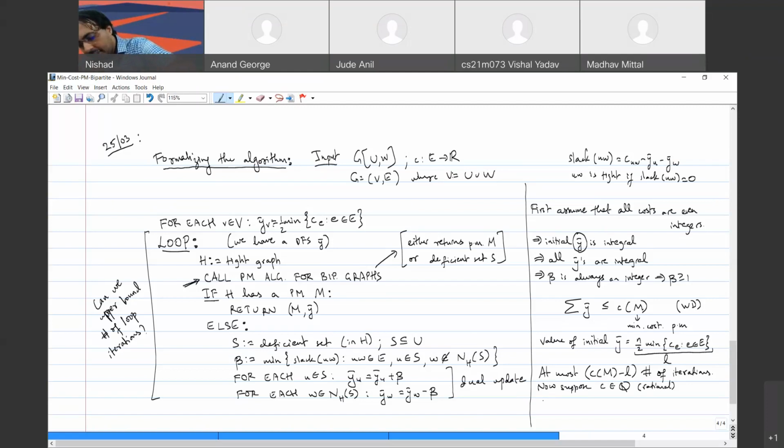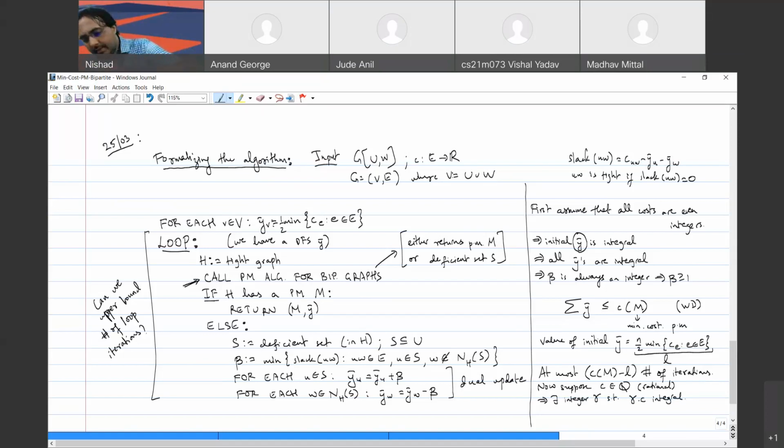So there exists a big enough integer gamma such that gamma times the cost vector is integral, right? And if you simulate the algorithm after multiplying by gamma, it's going to do exactly the same thing, right? So the number of iterations simply multiplies by gamma, right?